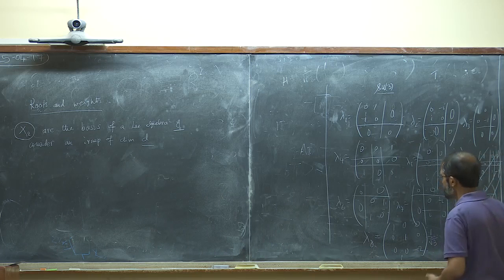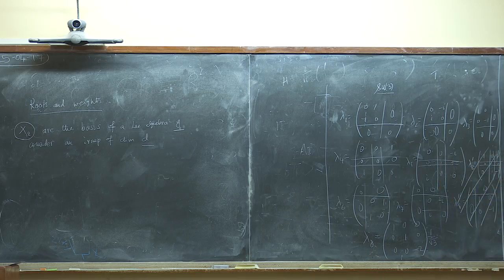So here the corresponding concept is to look for the maximum number of generators that you can simultaneously diagonalize. And in this representation, you can already see what the diagonal guys are, namely lambda 3 and lambda 8. Very good.